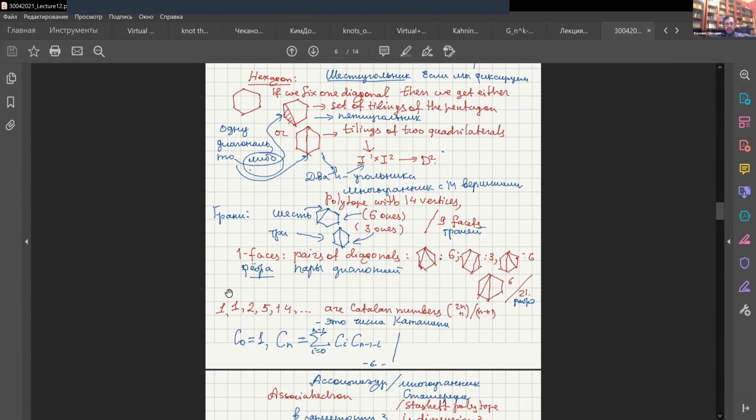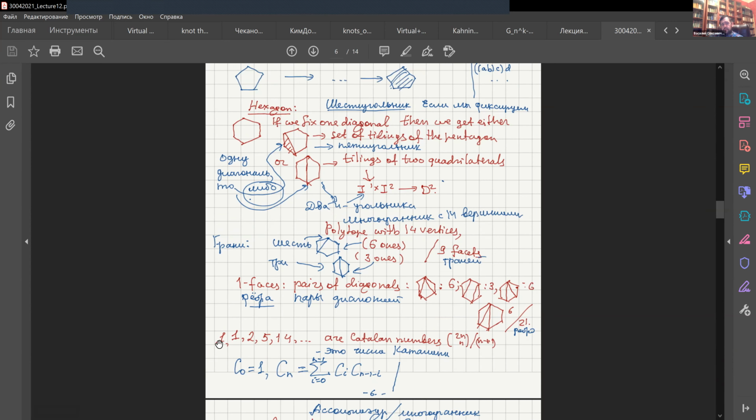And also we can give a recurrence formula, which is C0 is 1, and after that Cn is defined to be the sum of Ci times C(n minus 1 minus i) for all i from 0 to n minus 1. So let's check a little bit. Assume we have here 1. So how much should we have here?